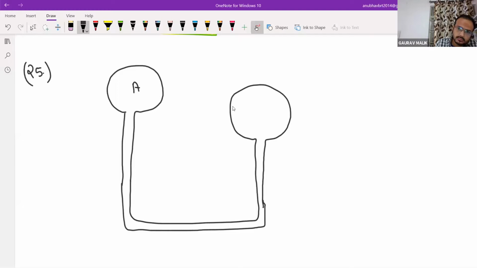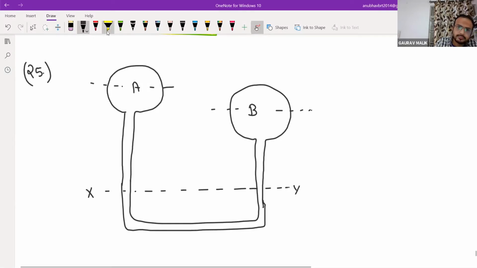It is A, it is B, this is XY. Here we have any fluid. Suppose oil of specific gravity 0.9.